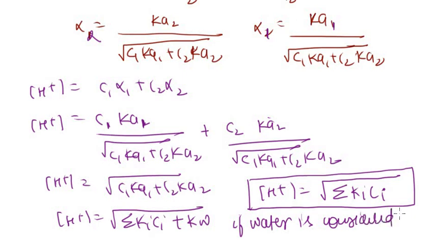When the concentration of H plus is coming in the range of 10 to power minus 6, 10 to power minus 7, the concentration of H plus is not that strong, so in that case we have to include Kw.